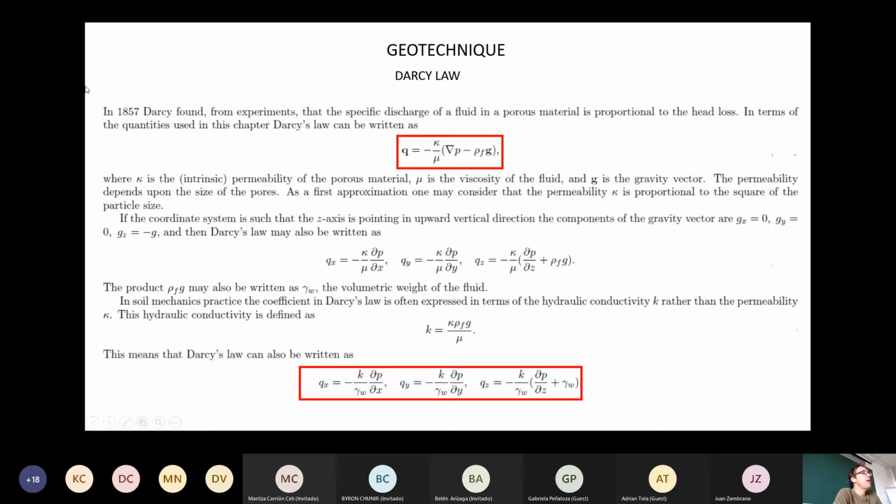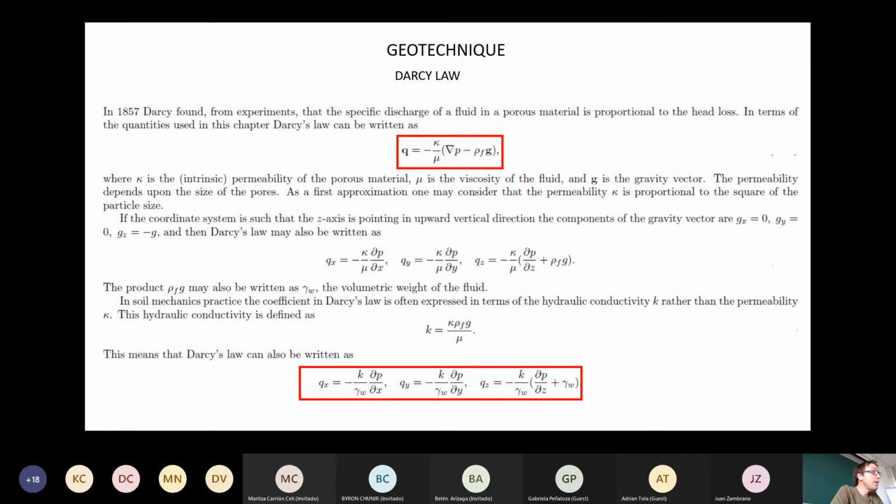Saying that, we can consider that if the coordinate system is such that the z axis is the vertical direction of the component of the gravity, this term, of course, is 0 for the x and the y direction. So this formulation can be written the same way without any approximation in this way. You see that g remains only here, that is in the z, in the vertical direction.